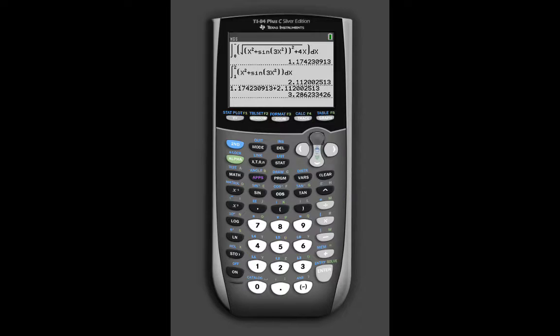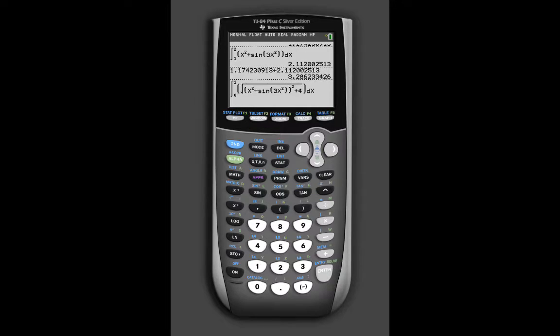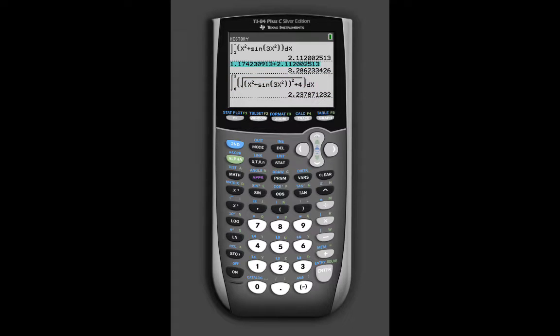I put an x in the wrong place by mistake. Delete that and fix it. Okay, that's from 0 to 1, and from 1 to 2 we still have this. So this plus this is, to three places, 4.350.